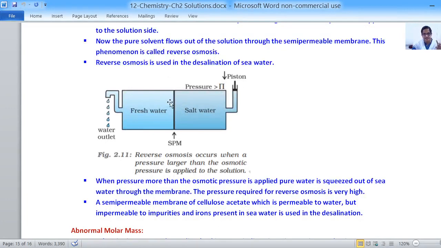Cellulose acetate is the semi-permeable membrane used. It is permeable to water, sorry, not seawater. It will allow only water to flow through it.